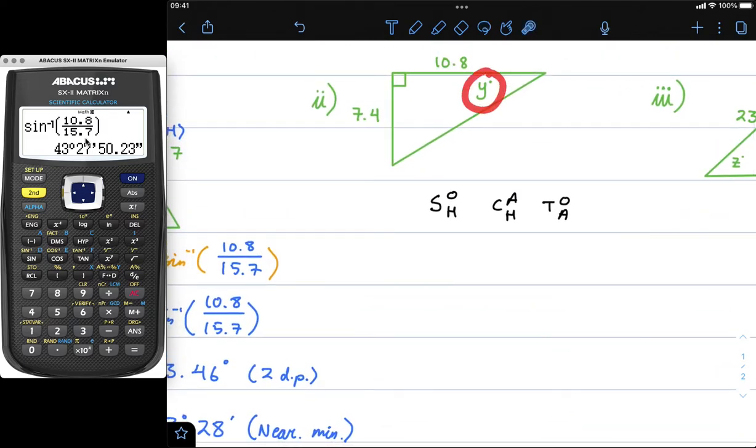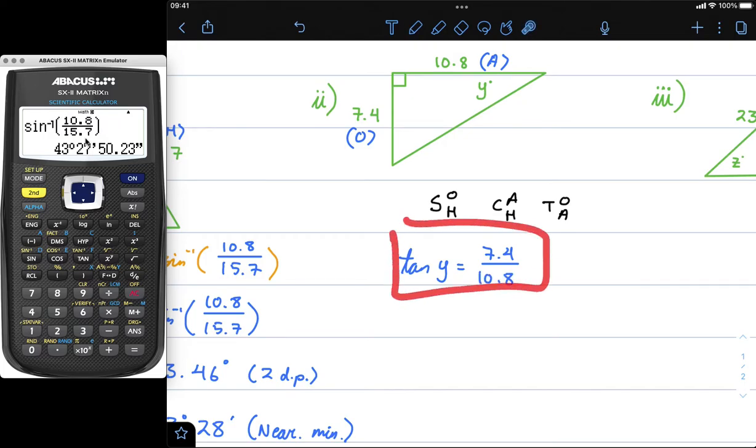From the angle, we have the opposite and we have the adjacent, A. So opposite and adjacent, that is tan. So it'll be tan of the angle is equal to opposite divided by the adjacent, and that there is a correctly placed trig ratio.